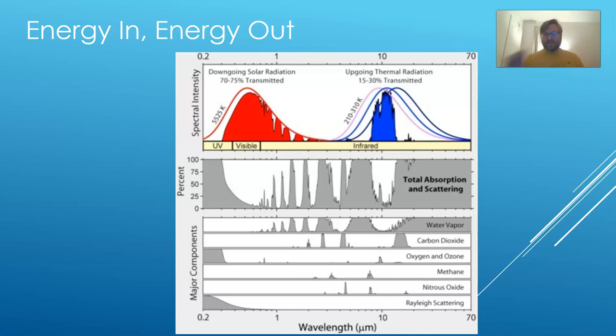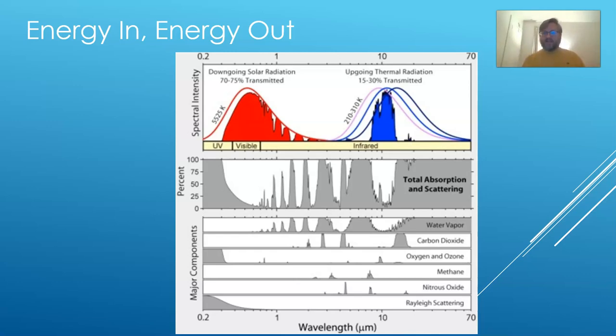So the next little bar down on that diagram, that's the total absorption of energy by different parts of our atmosphere. And then below that, the narrower bands show the absorption for specific greenhouse gases. The top one there is water vapor. You can see that at certain wavelengths, water vapor is going to absorb almost all of the energy coming through it.